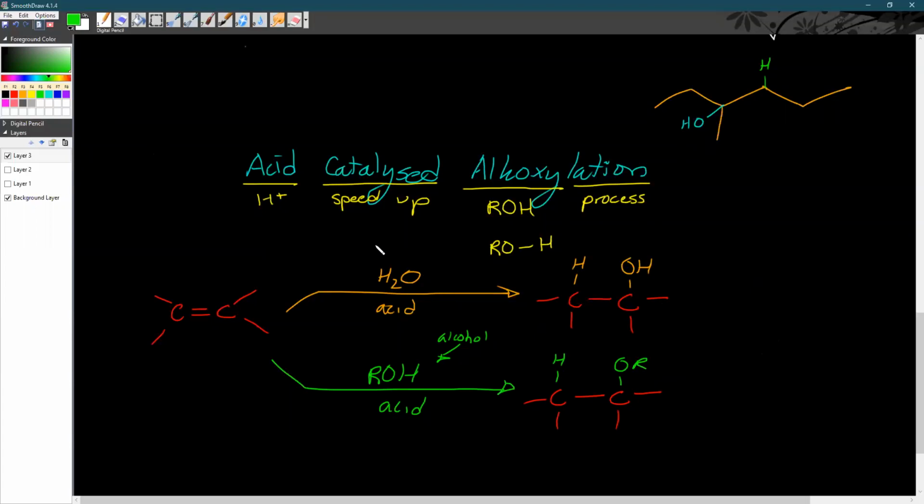Same reaction bullet points. Both are Markovnikov, both proceed through the carbocation intermediate, and their stereoselectivity does not matter in a way. The product that we make is an ether. Same reaction, but we're just slightly changing what happens. So don't get confused.